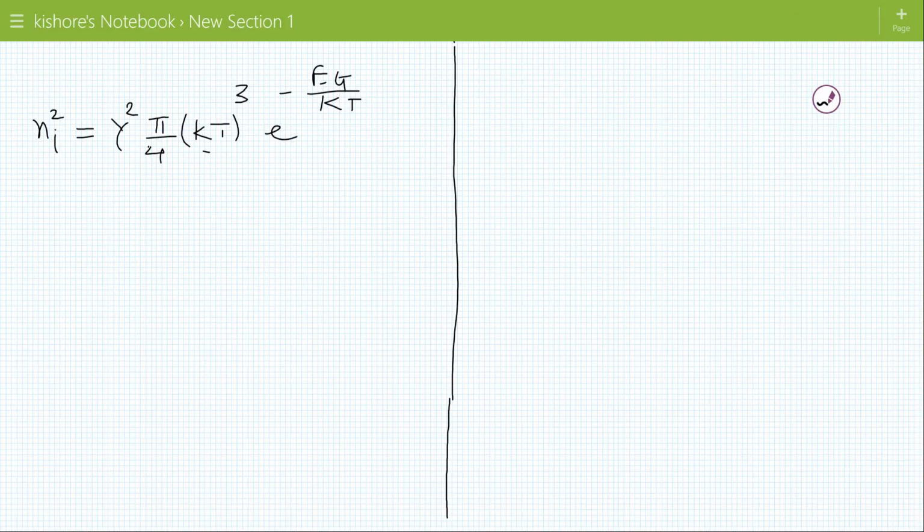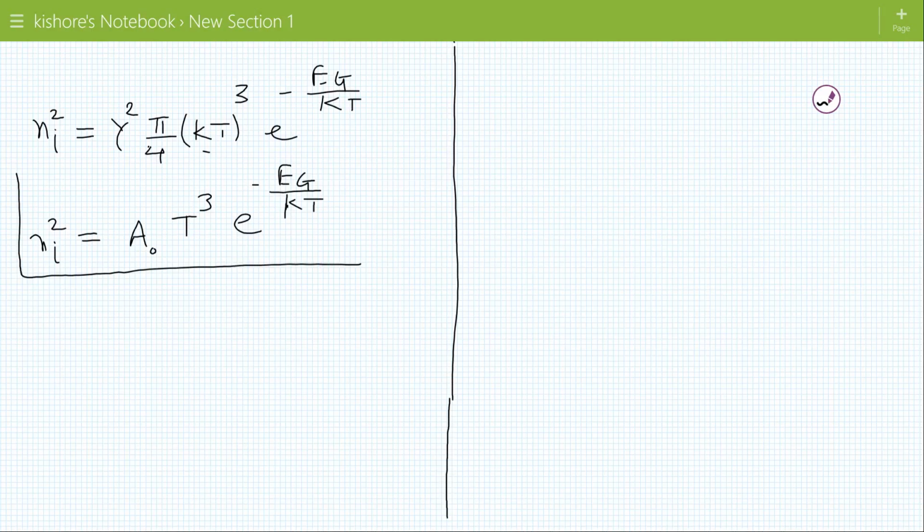So gamma square pi by 4 into k to the power 3 is equal to A naught, and we are left with T cube e to the power minus Eg by kT. So this is the expression for intrinsic concentration, which depends on temperature and forbidden energy gap.